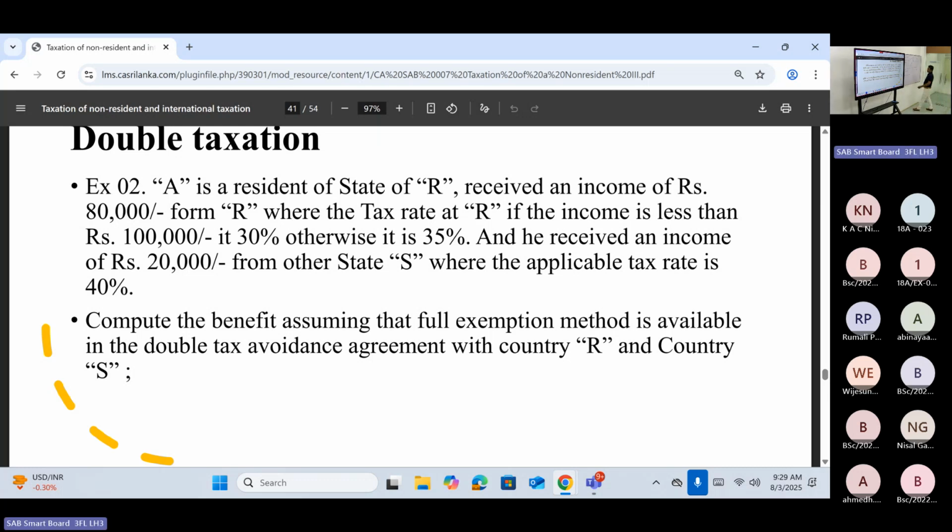Here and now, tax liability how much? Here to pay anyway, because it is a source country, yes, we have to pay tax. Here 8,000.